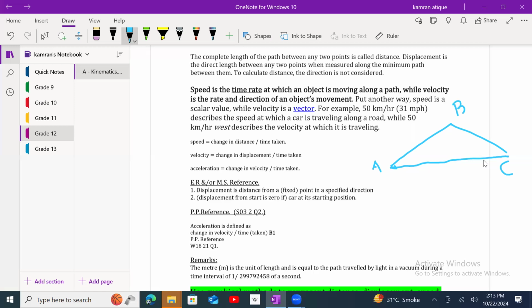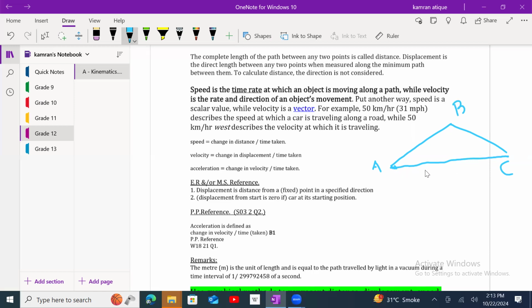Obviously, it is clear from the diagram that it will be less than 30 kilometers, as we have taken the distance between A and B equal to 20 kilometers and the distance between B and C equal to 10 kilometers. The direct distance between A and C, as this distance is in a particular direction, we say is a displacement.